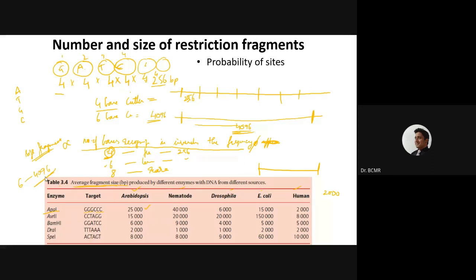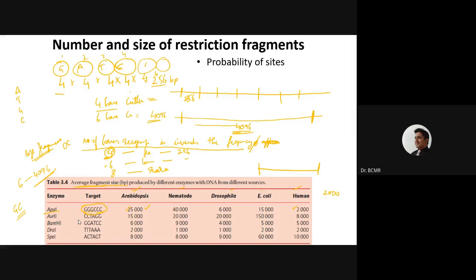But the average fragment size for Arabidopsis is 25,000, and in human it is just 2,000. The reason is GC content. If you have high GC content, and because this particular target sequence is high in GC, one is likely to have more of these cut sites.